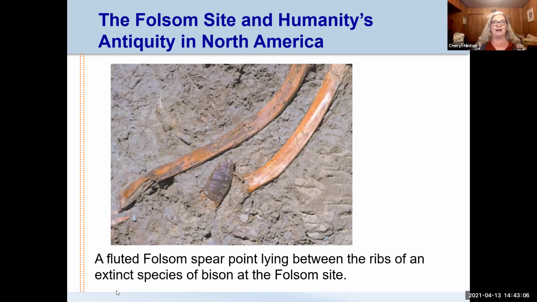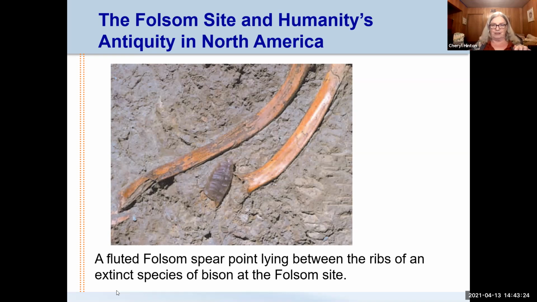He finally attracted people to come to the site. Actually, it happened after his death, unfortunately, but because of his persistence, people finally came to the site. And what they found was a fluted Folsom spear point.